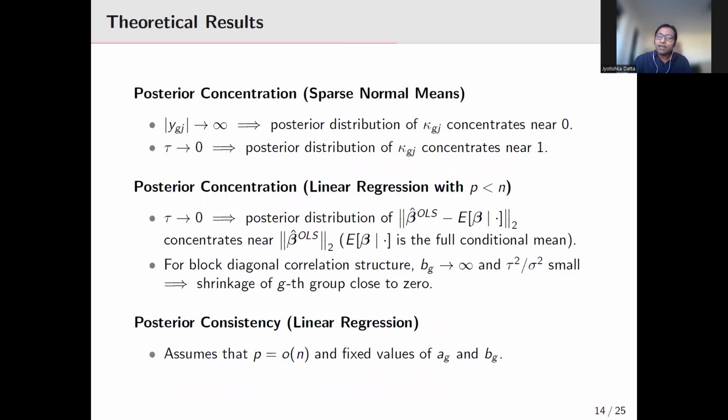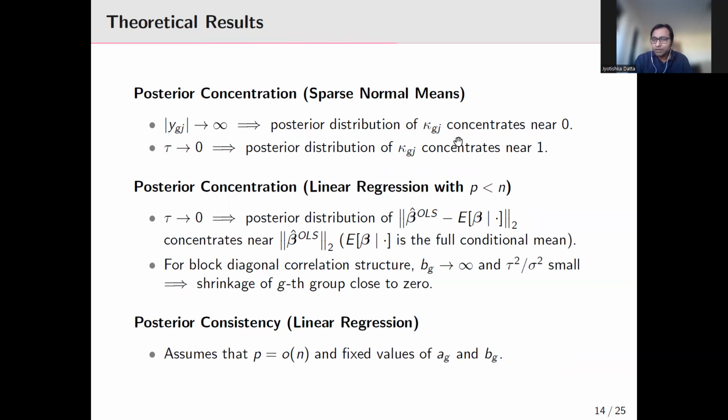Okay, we can also show that these properties would lead to some nice theoretical concentration properties. For example, we can show similar things as in the original horseshoe prior paper by us, where you can show that if y_g is going to infinity, then the posterior distribution of kappa_g should go near 0.